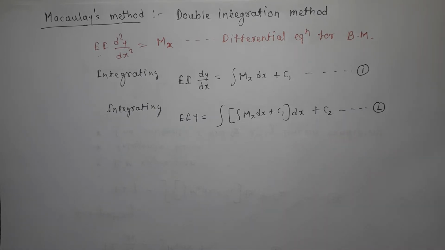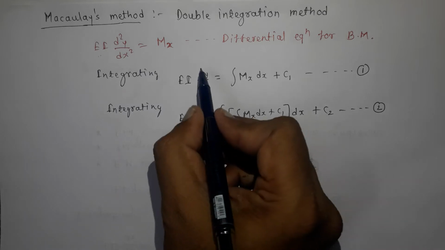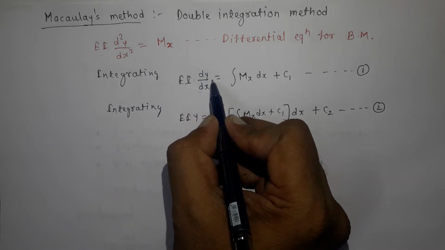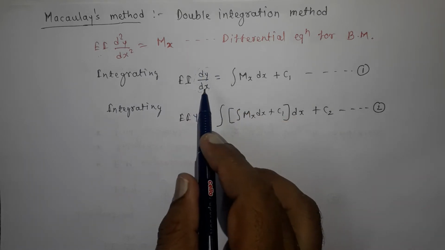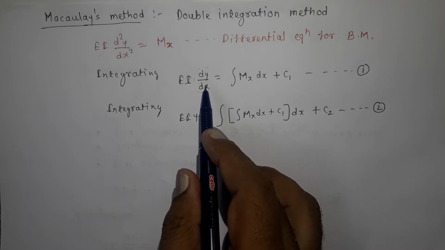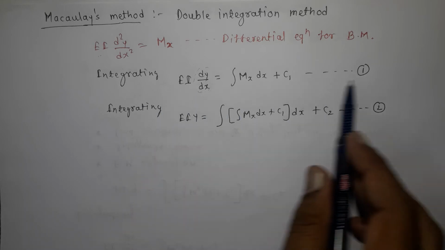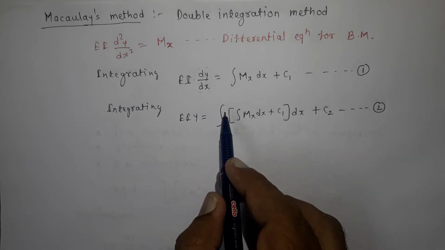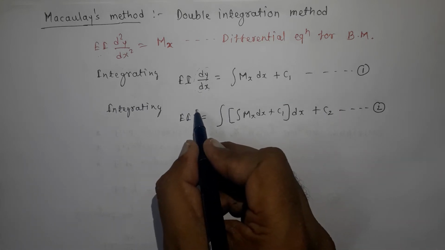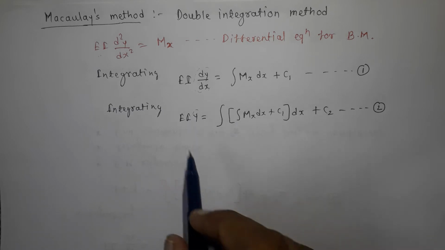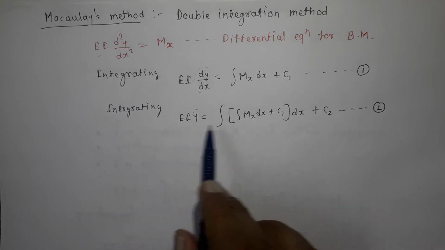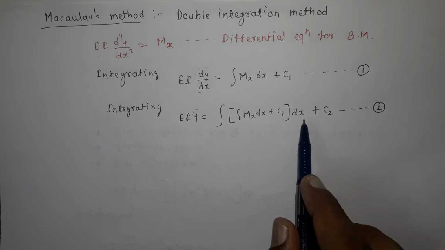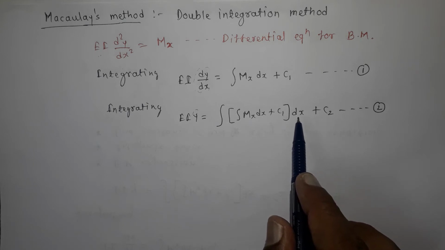Now if we observe these two equations, we can see that in the first equation dy by dx is there. This dy by dx represents the slope, and that is why this equation, or an equation of this form, is called the slope equation. Whereas in equation number 2, y is there, which is the deflection, and that is why an equation of this form is called the deflection equation.